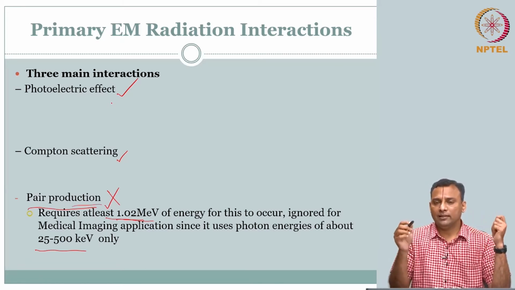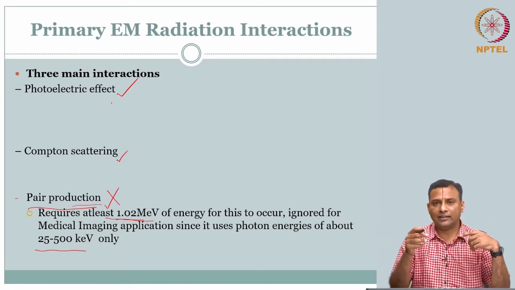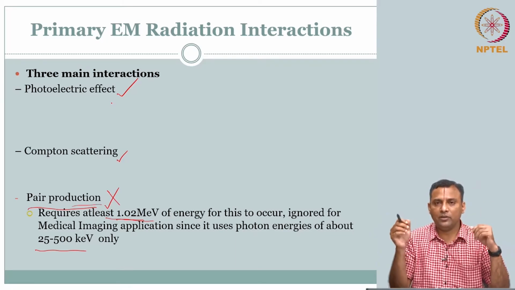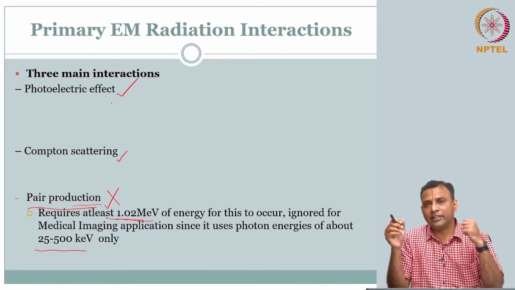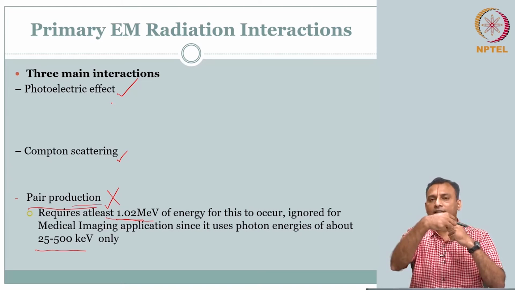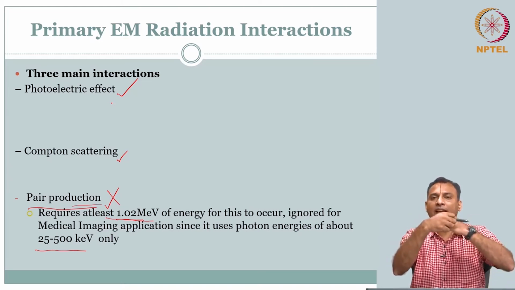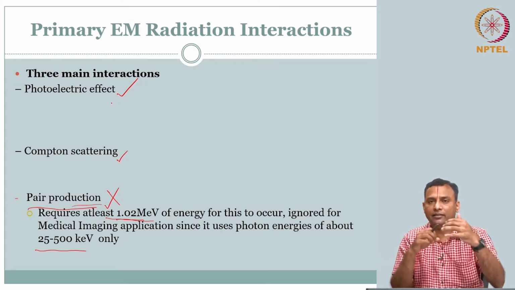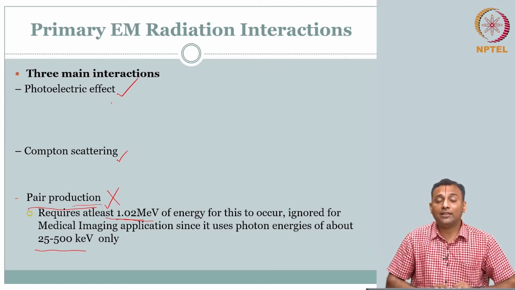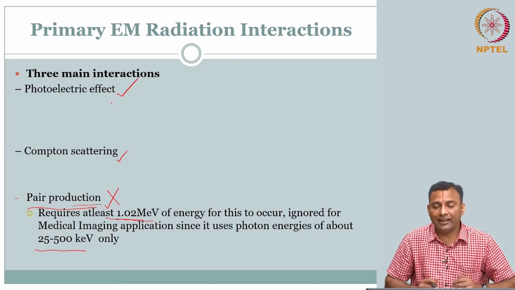One is the electron kicking out and then characteristic radiation coming out. The other is the electron with energy going near the nucleus, but it does not get annihilated and changes path with reduced energy, and that difference in energy comes out as X-ray Bremsstrahlung radiation.